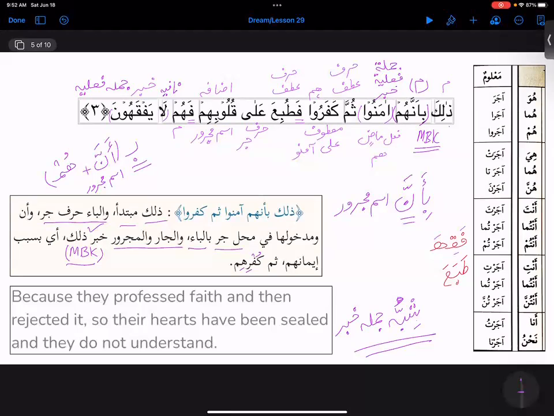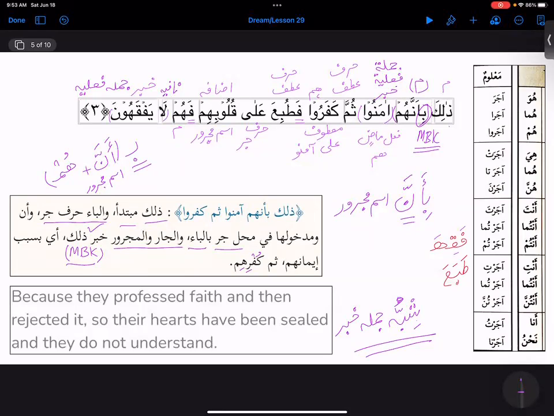So this is one way to do it. But actually, I'm just telling you guys that this ba is no different than the harfu jar ba we know: ba, ta, kaf, lam. Okay, so we are old enough, alhamdulillah. So now we can handle that this is MBK, or this is the khabar of dhalika.